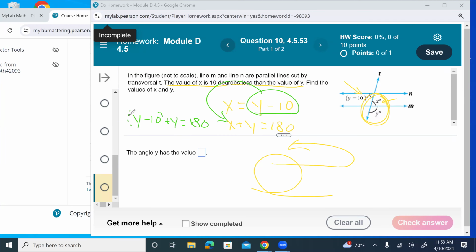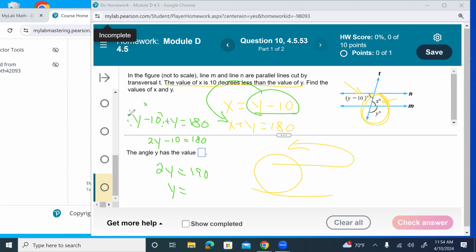Okay, so could I put the Y's together? Move the 10 over. Two Y equals what? 190.